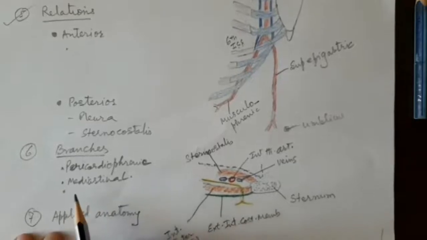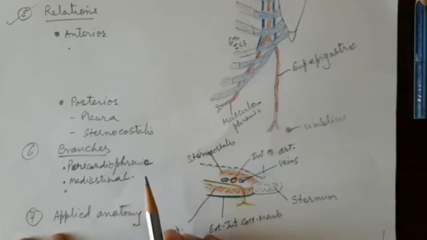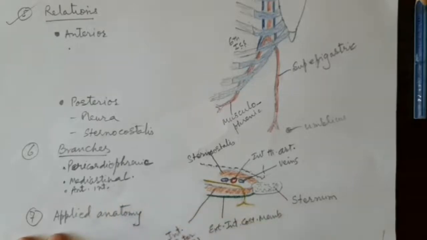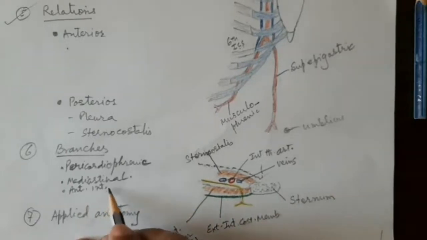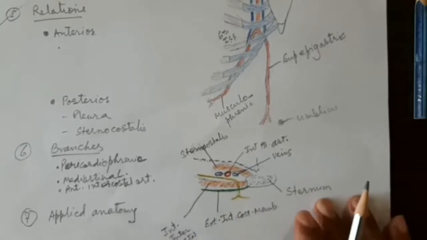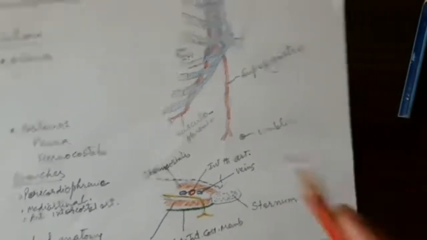The third group, which takes origin from this artery, is the anterior intercostal arteries. There are two in each space.